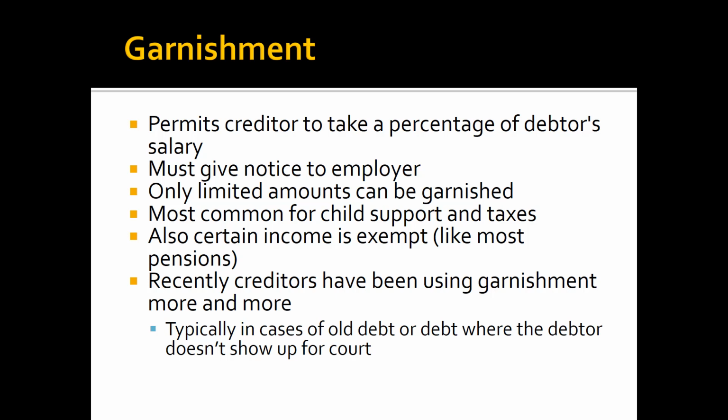I go to your boss and I say, Mr. Baker owes me $1,000, and I know that he gets $500 a week. Therefore, I want a percentage of that money every week deducted until I'm paid off. And if it's a lawful garnishment, the employer has to obey.